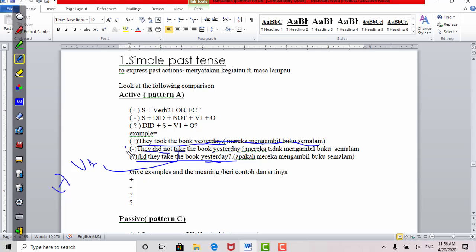Again, remember, for the question and also negative, you will use verb 1. The verb 2 here is only for positive statements. This is something you have to remember. And this is pattern A, connecting subject with verb, menghubungkan subject dengan kata kerja. You have to remember this.